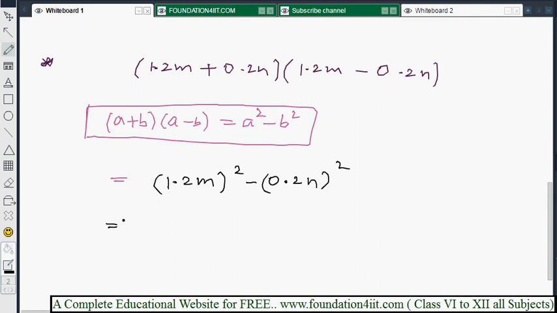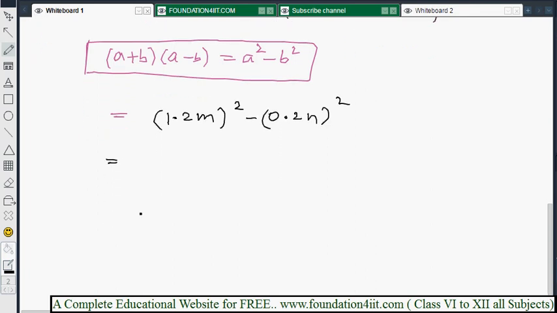So 1.2 into 1.2 we can directly multiply, because the whole square is there. That gives 144, then we need to place the decimal point: after the point, 2 decimals we need to leave.